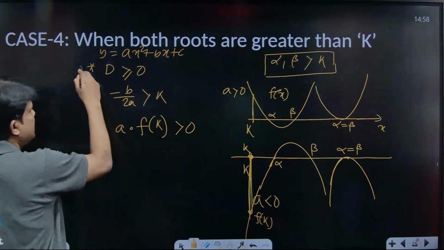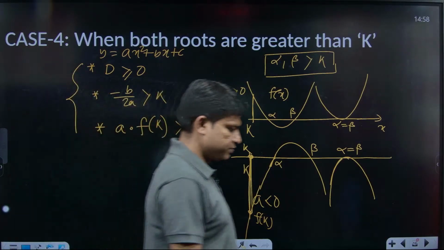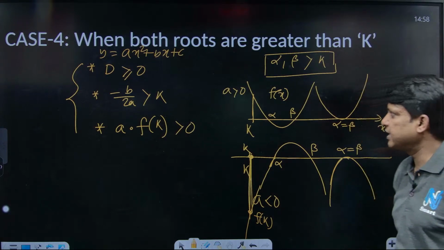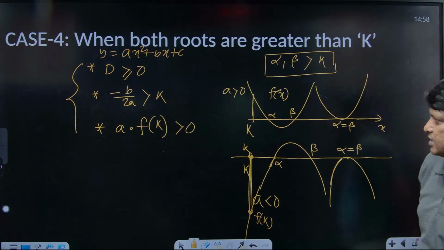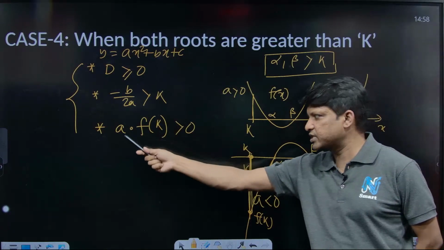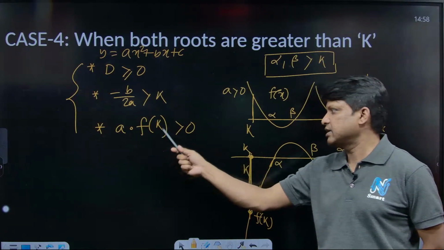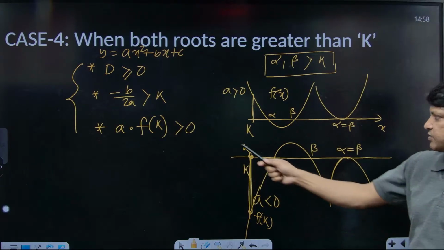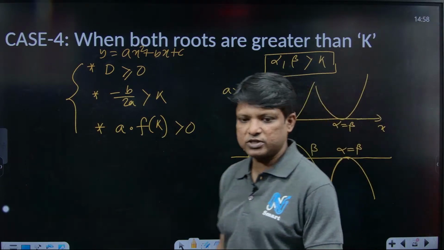This is our 3 conditions: minus b by 2a must be greater than k, discriminant greater than or equal to 0, and a into f(k), where a is the coefficient of x square and f(k) is the functional value at point k, positive in both cases.